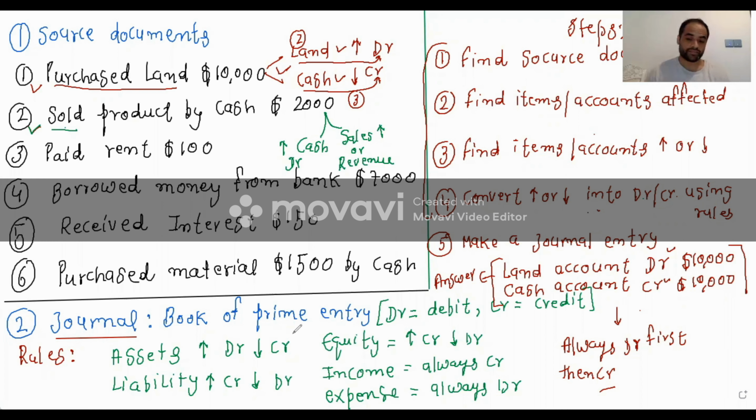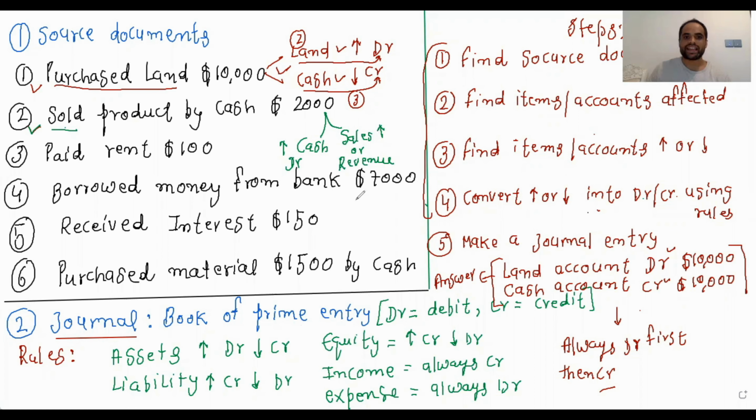Go and check your accounts, right? So you have to remember all the elements. Now sales is income, and income is always credit. So that's why sales is credit.